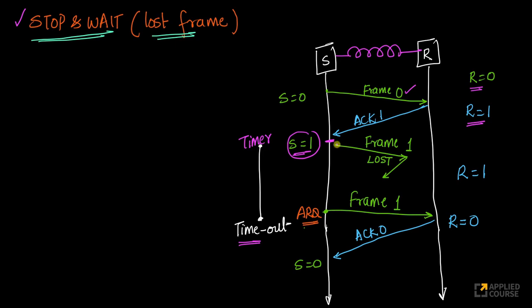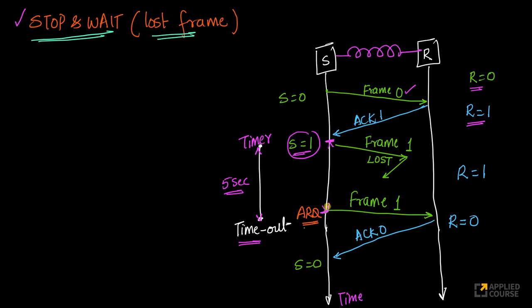Let's assume this timer is set to 5 seconds, which means it will wait for 5 seconds to get an acknowledgement. This whole time period from here to here is 5 seconds, because this is the time axis. Let's not forget that. So it waits for 5 seconds.